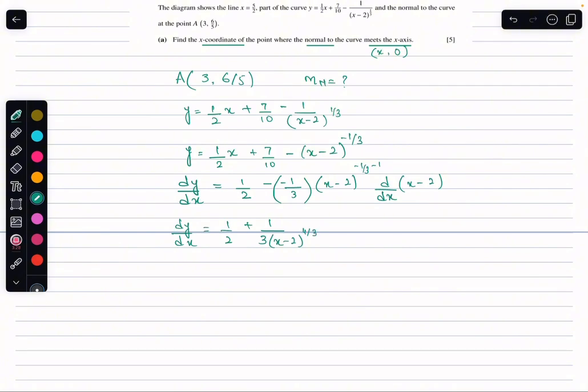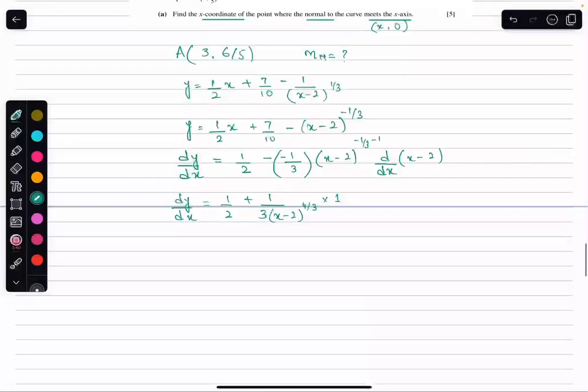Then the differential of x minus 2 is just 1. The differential of x is 1, and negative 2 gets eliminated. So this is the gradient of the tangent, and it is 1/2 plus 1/3 times (x minus 2) to the power 4/3.